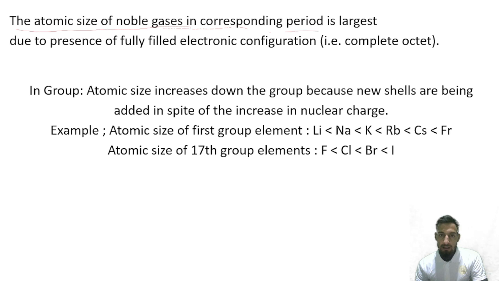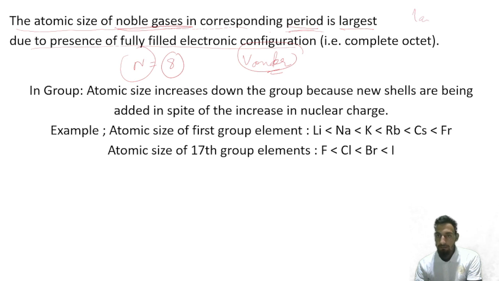Noble gases have the largest or highest atomic size due to presence of fully filled electronic configuration or complete octet. ये हमको पता है कि noble gases में complete octet है, 8 इलेक्ट्रॉन्स outermost shell में होते हैं, तो इनका जो size है they have the van der Waals radius and that is the largest. So you need to remember that the atomic size of noble gases is the largest in a given period.